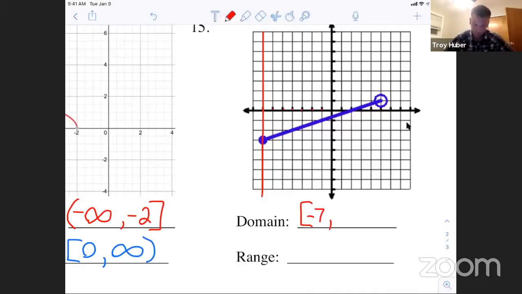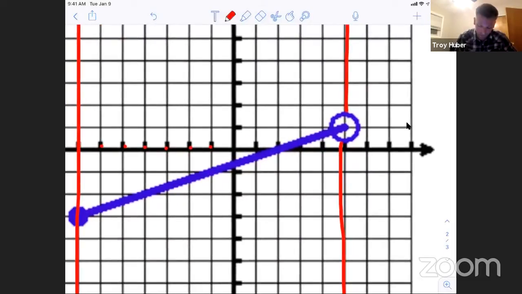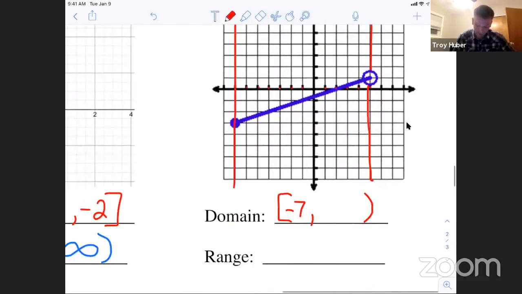But now how far to the right? Well, it goes right here, but notice this one is an open circle. That means it can't be on that point. So when it's open, I just leave it a parenthesis. It's not included. But that open circle would be at 1, 2, 3, 4, 5. X is equal to 5.